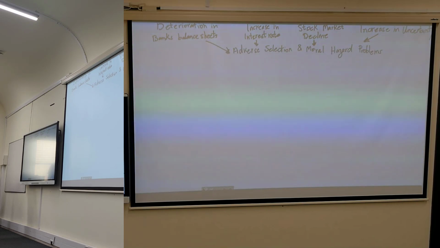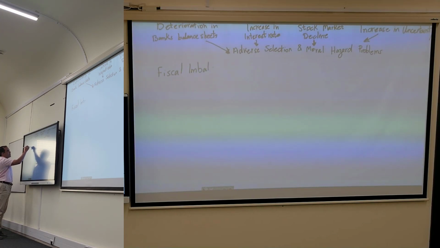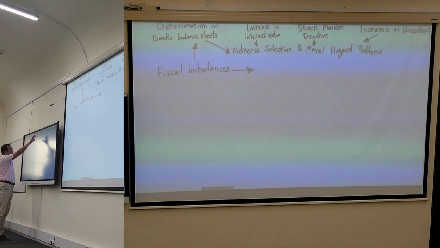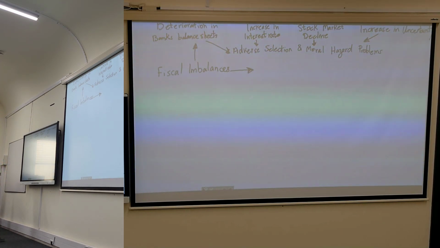And it means what? It means that from the problem that we have in the balance sheet, we can expect that we have a kind of fiscal balances, okay, that this might also increase the deterioration in bank balance sheets, okay? So these fiscal problems also might make another problem that will also be the result of the adverse selection and moral hazard problems.